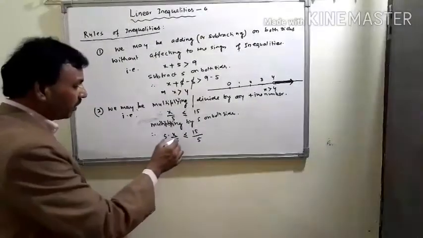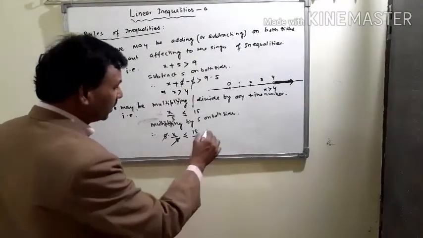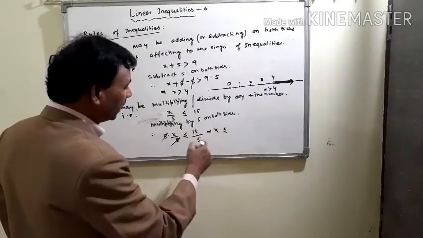Now 5 and 5 cancel, so x is less than or equal to 15 upon 5.